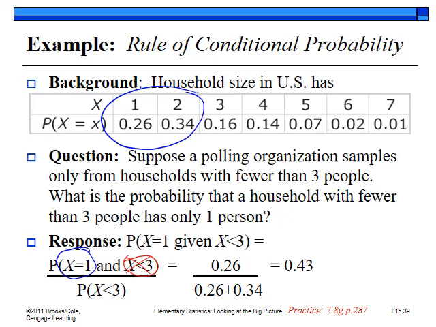So the probability that x equals 1 and x is less than 3 is equal to the probability that x equals 1. The probability that x is less than 3 we computed earlier. We just add the 2 non-overlapping possibilities together. And as a result, we get 0.26 divided by 0.26 plus 0.34, and that's 0.43.